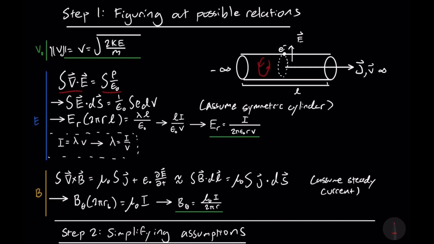Usually a lot of problems end up doing this, but in this problem, it actually might be easier to keep it as a lambda, meaning the linear charge density.